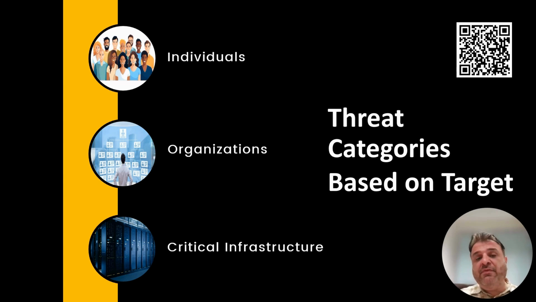If you want to categorize cyber threats based on the target, we can categorize them in three categories: the target could be individuals, organizations, or critical infrastructure. In the first type, they attack the individual. Identity theft, online scams, and ransomware are the categories of individual threats.